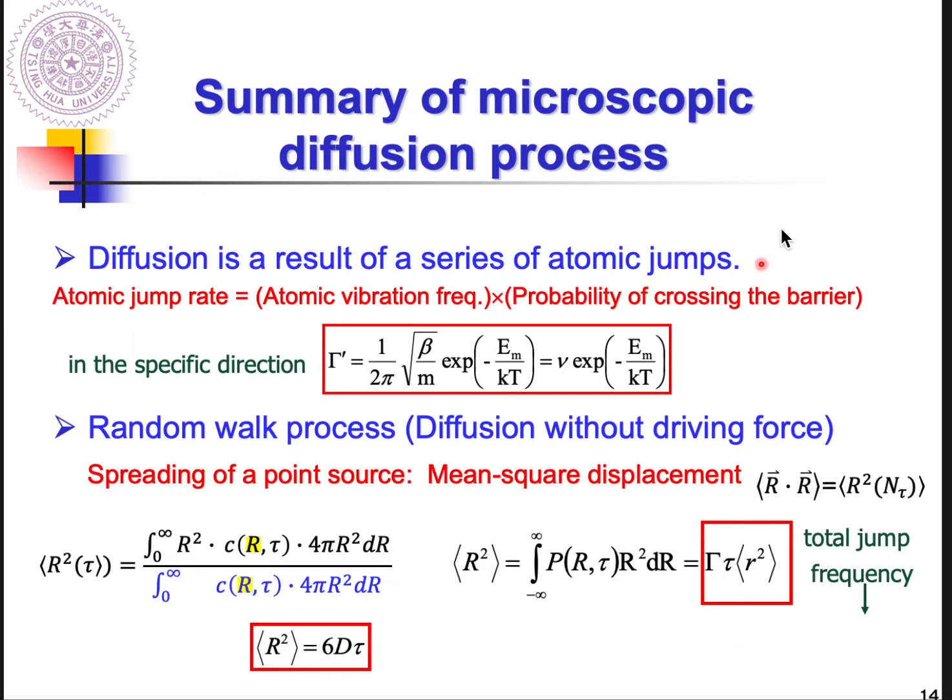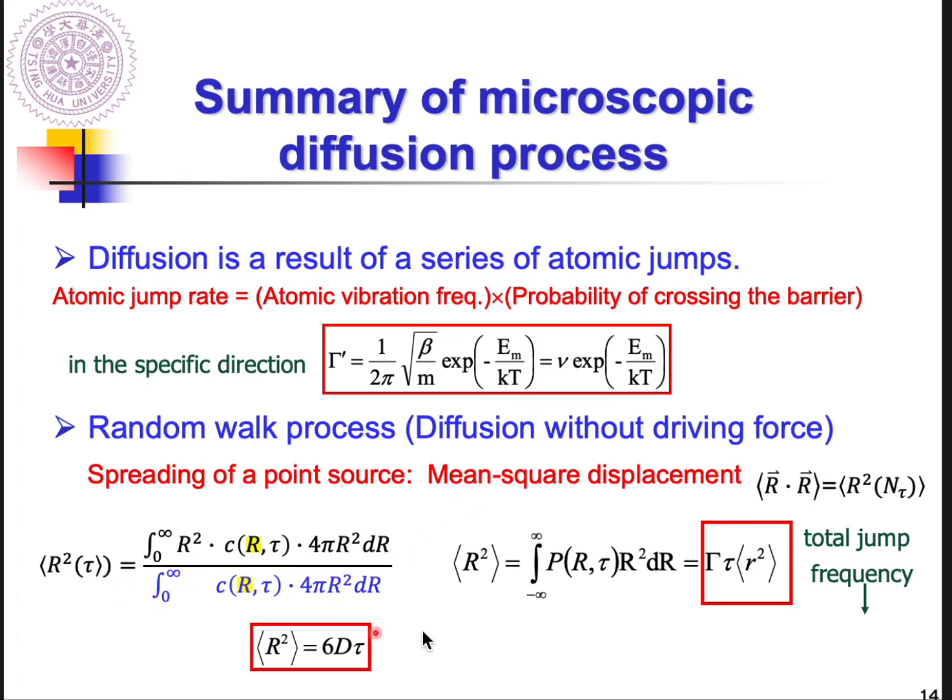So let's make a quick summary here. In this part, the purpose is to link the diffusion phenomenon on the macro scale with atomic jumps on the micro scale. First of all, we used quantum mechanics to show how to estimate the atomic jump rate in a specific direction. Gamma prime is correlated with material properties, including bond strength, atomic mass, energy barrier, and working temperature.